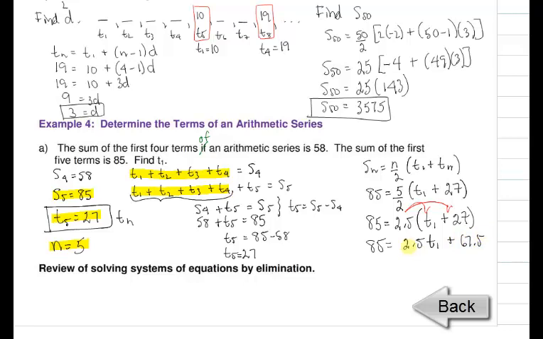I'm going to bring my 67.5 over to the left. 85 minus 67.5 is 17.5. Divide both sides by 2.5, and I get that T1 is 7. Okay, so I found T1.